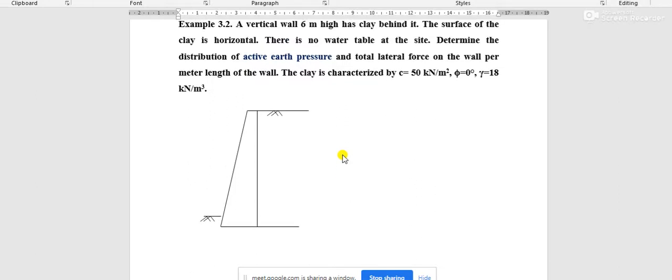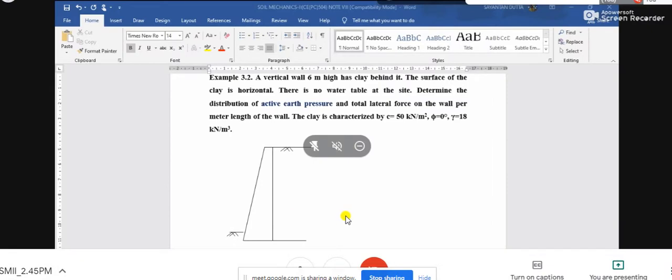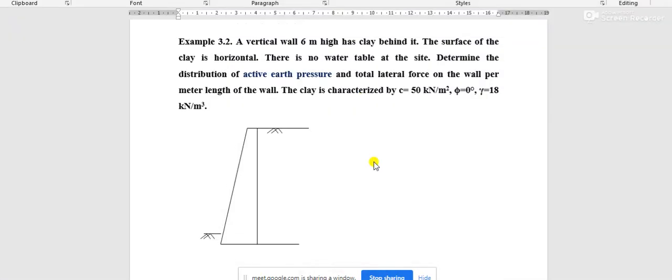Today we'll discuss another numerical problem, very similar to the problems we solved in the previous class, but the main difference is the characteristics of the soil.